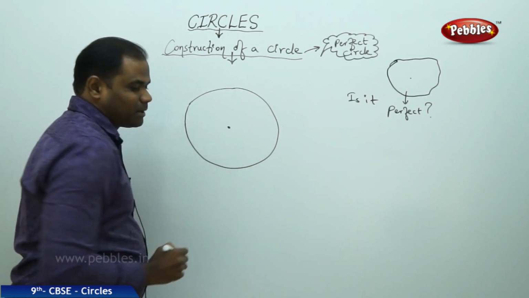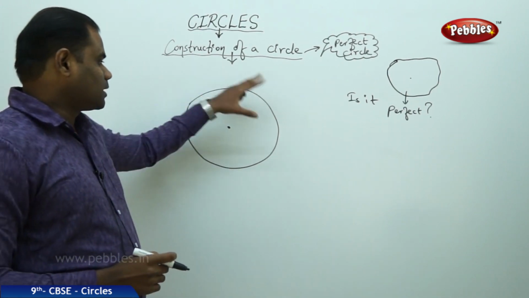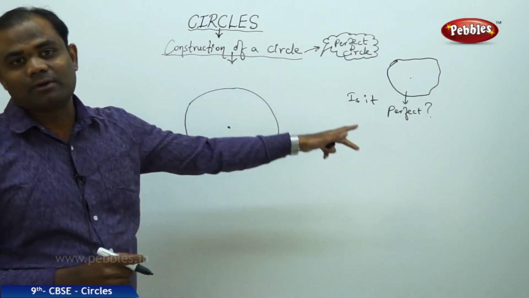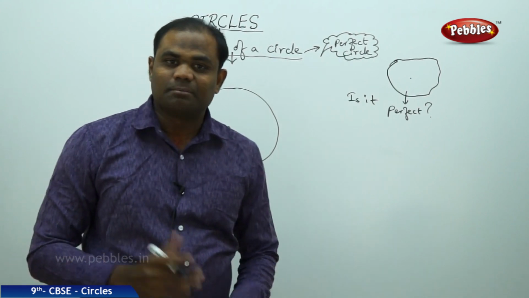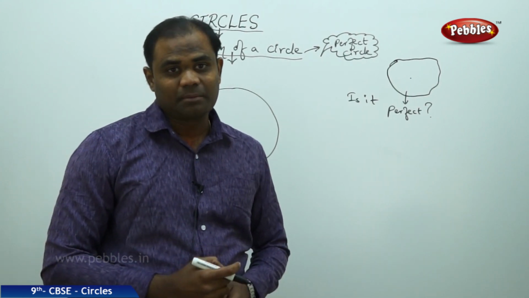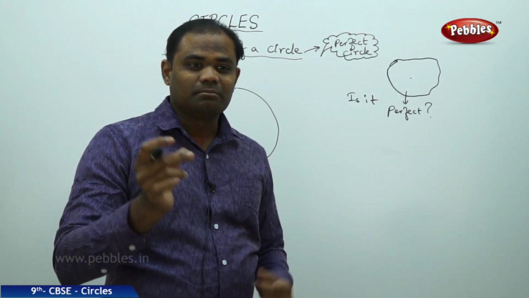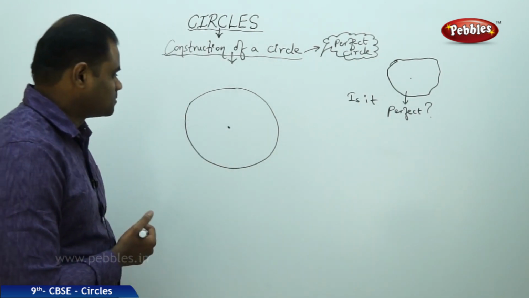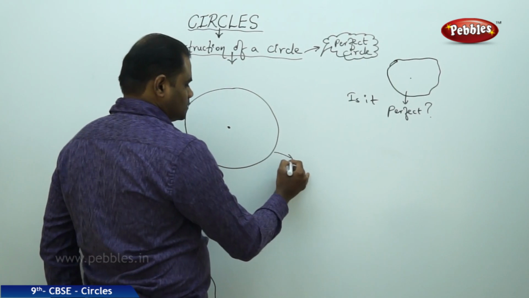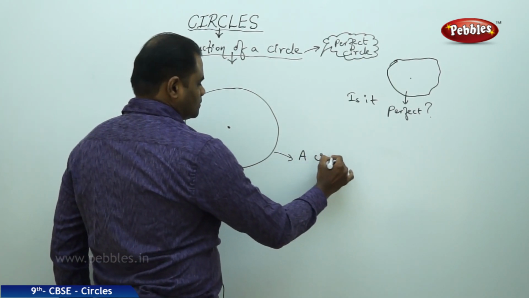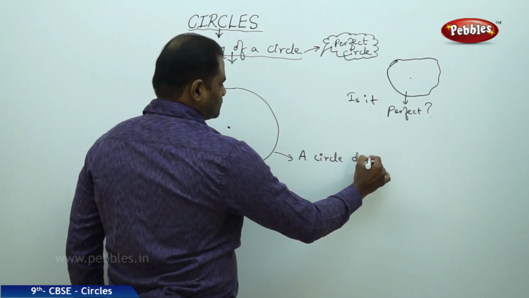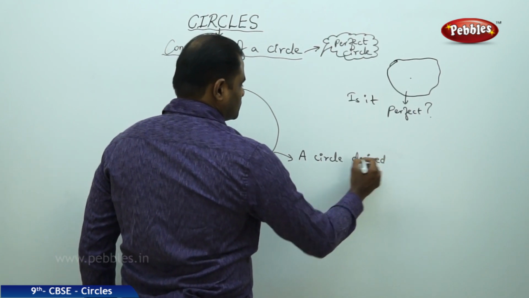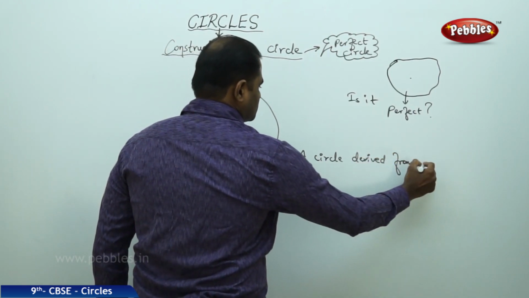The kind of shape I get when I keep the compass fixed and move the pencil round throughout the page is what a perfect circle is. A perfect circle is obtained by using the compass. So here the compass gives me a circle, derived from a compass.